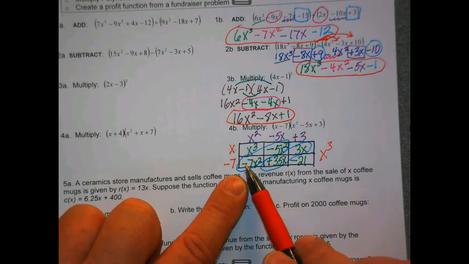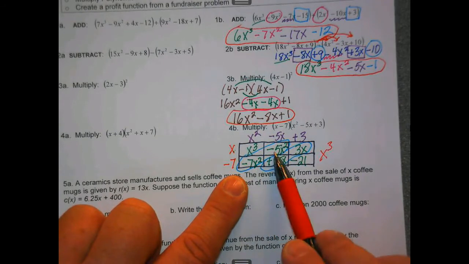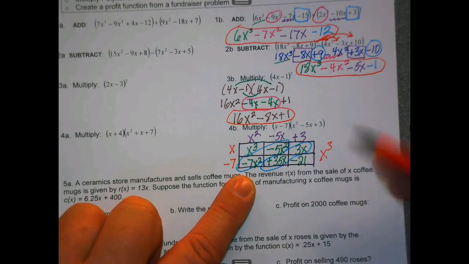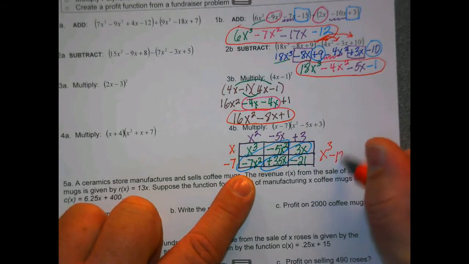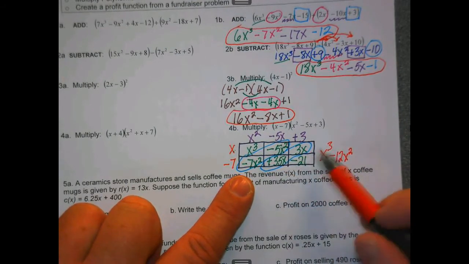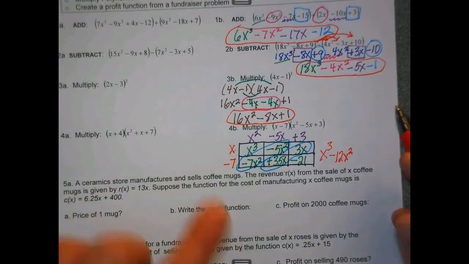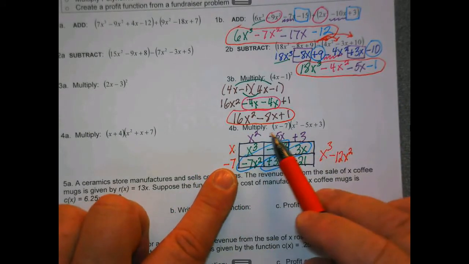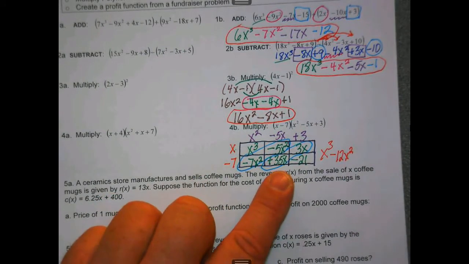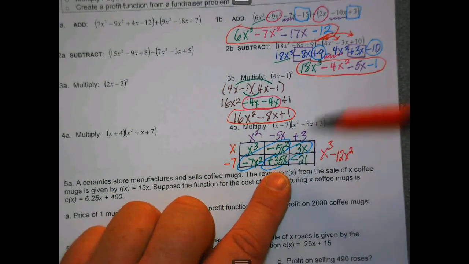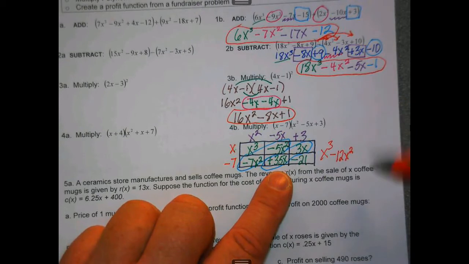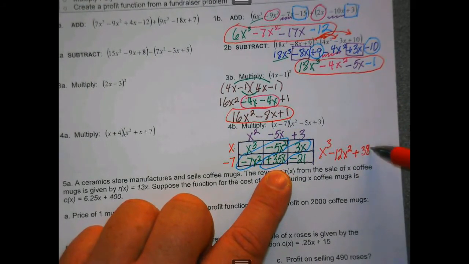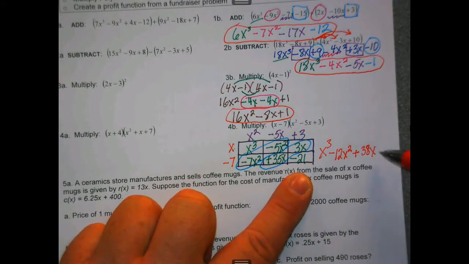Negative 7x squared minus 5x squared is minus 12x squared. Now, when I'm combining, don't add the exponents. You only add the exponents when I multiply. 35x plus 3x, 38x, and then I have my minus 21.